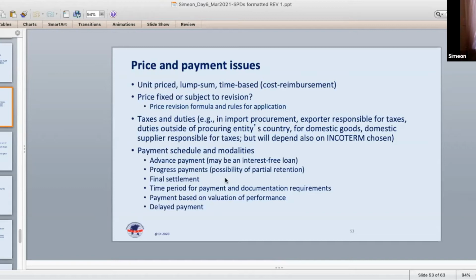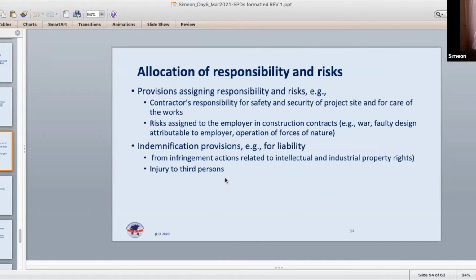We all know that delayed payment is a major obstacle, especially for small businesses. So that's something critical. Next one, allocation of responsibilities and risks.